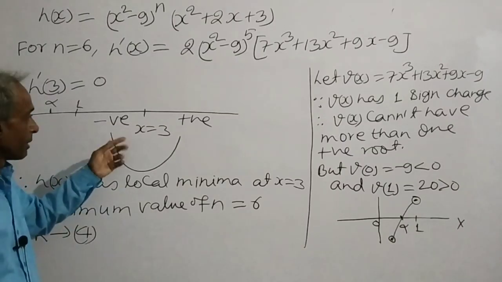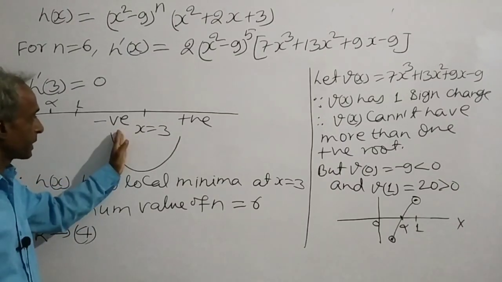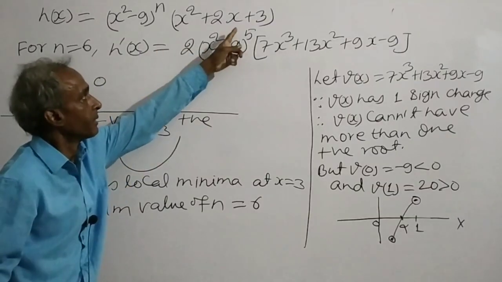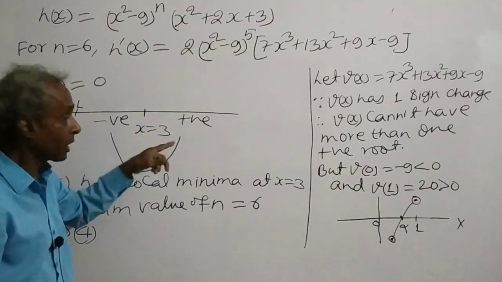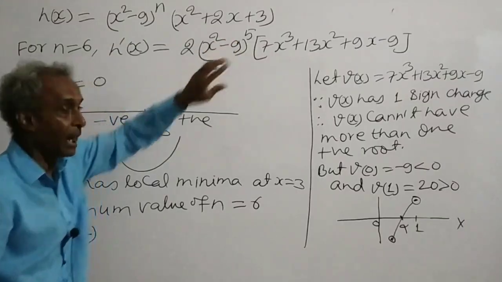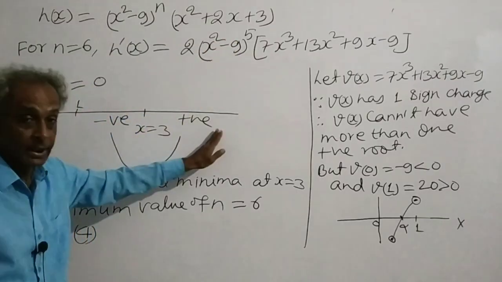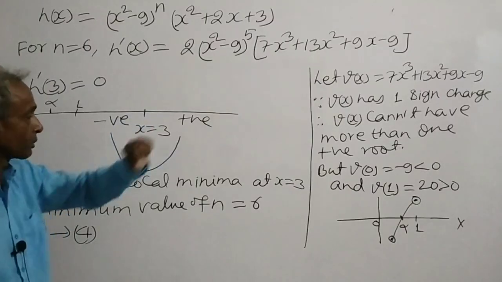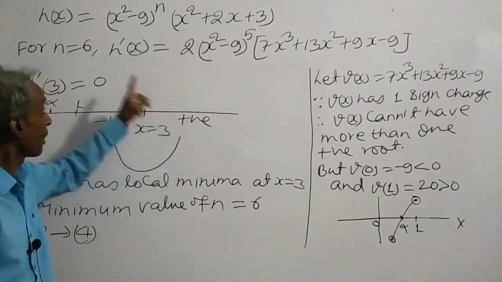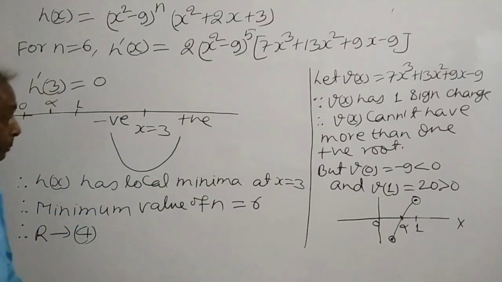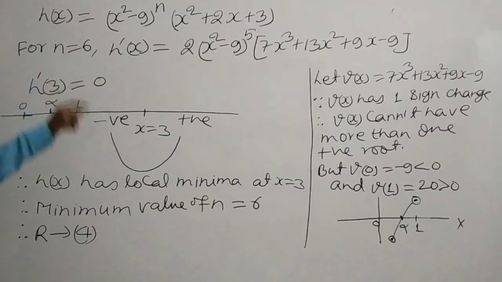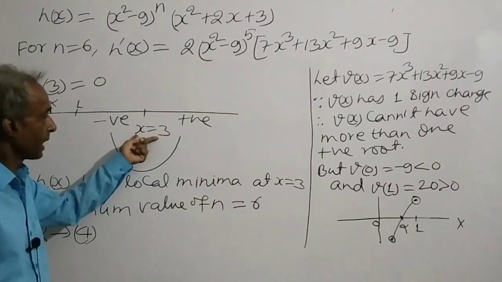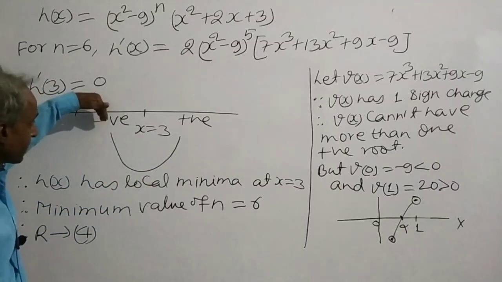Sign on the left hand side of 3 is negative and this root 3 occur 5 times, therefore sign will change on the right hand side of x is equal to 3, means sign of h dash x will be positive, therefore hx will have minimum value at x is equal to 3.